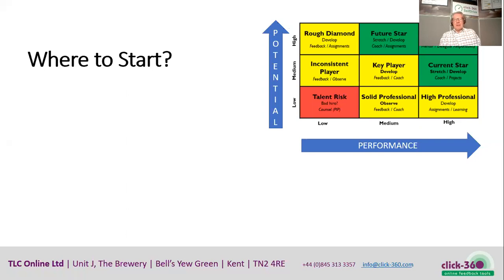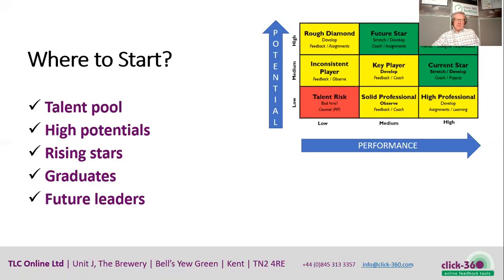Let me start, sorry, by asking which groups of workers are most likely to want to develop. So the answer comes up in the next slide, which is that what we're talking about here are different groups where the people are hungry for development and they're more likely to welcome the 360 opportunity.